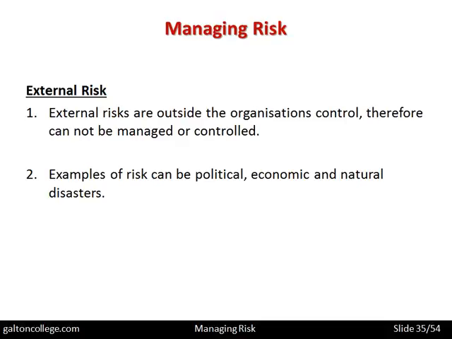Governments change. The new government comes in with policies which are not kind to business. They want to tax the profits of the business, and that will stop the business from growing and developing, or it may consider that the company should not export to a particular country because there's a dispute with that country.